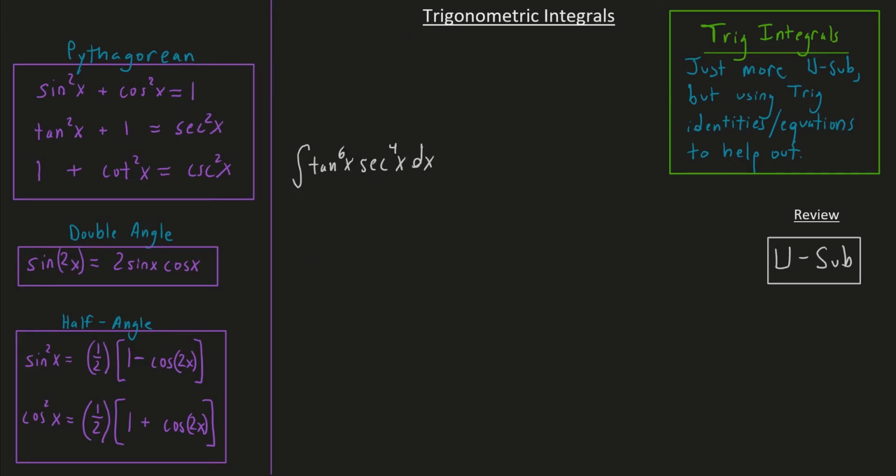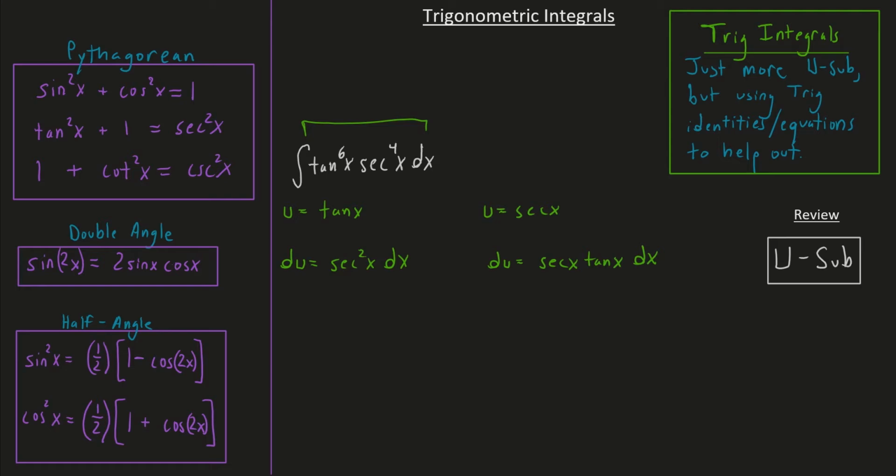Alright, in this case, I could either make my u tangent or my u secant. And of course I have to take the derivative of these u's and see if they appear in my equation. So let's do that. Okay, so let's take a look at our u is equal to tangent approach.